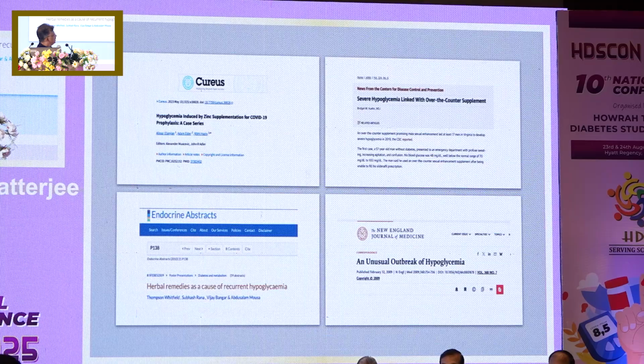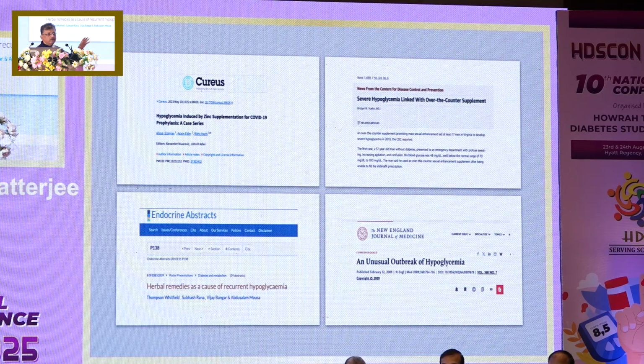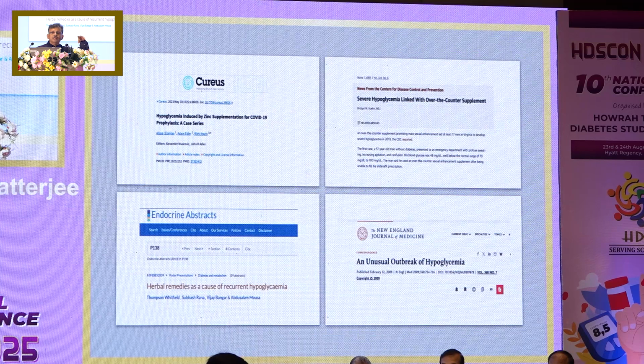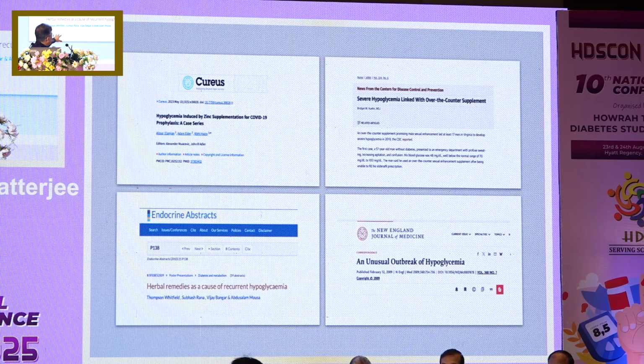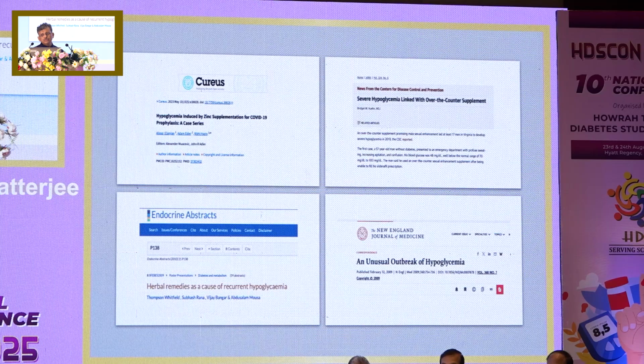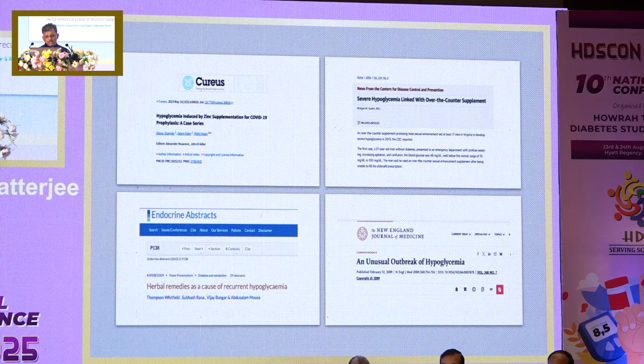I have just noted there: severe hypoglycemia from an over-the-counter supplement for increased libido. This happened in Singapore because the drug was contaminated with glibenclamide. So there are other unusual outbreaks of hypoglycemia due to contamination, and there are herbal remedies of different kinds. There are case reports showing that they can cause hypoglycemia in an otherwise healthy non-diabetic patient.